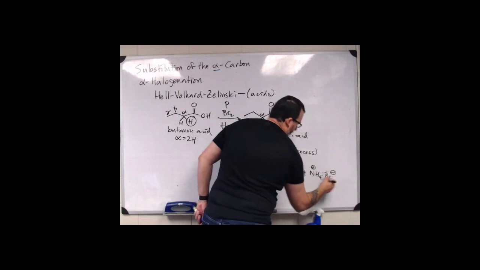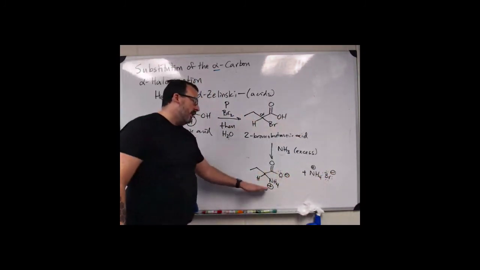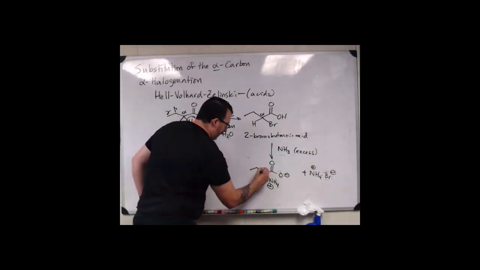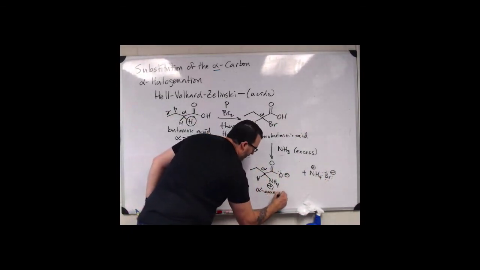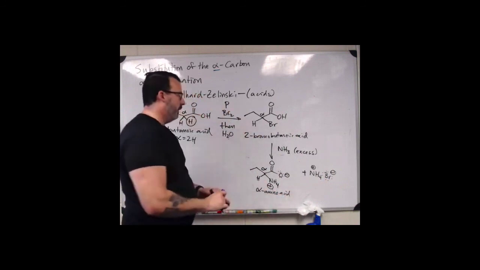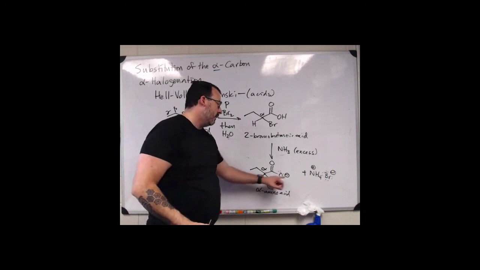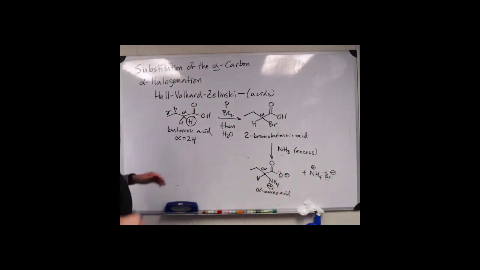So what is this? As we saw in the prior module, this is an alpha amino acid. Specifically, when we have the internal plus and minus, that's called a zwitterion. So the HVZ reaction of acids is useful for making amino acids.